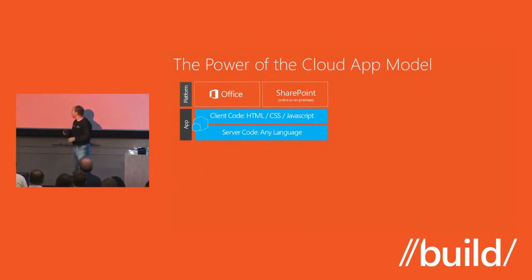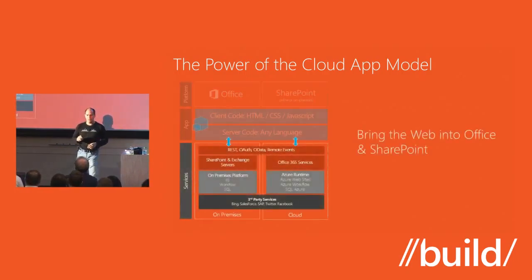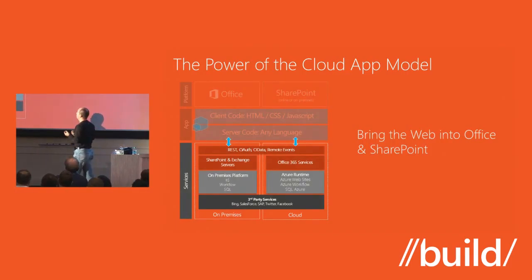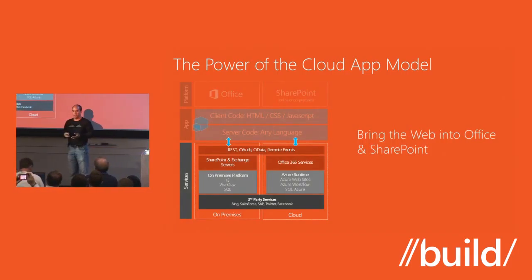Now, one key aspect of this new app architecture is the power of the service. What we expect is the sweet spot of the apps is not going to be apps where all the logic is in HTML, JavaScript, or even server-side just specific for that app. The power, where this unleashes the platform, is when you start connecting to the outside world.